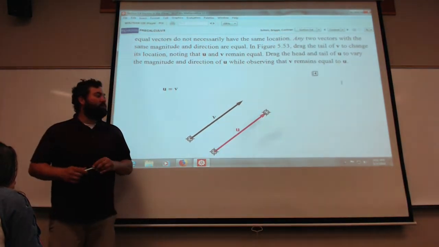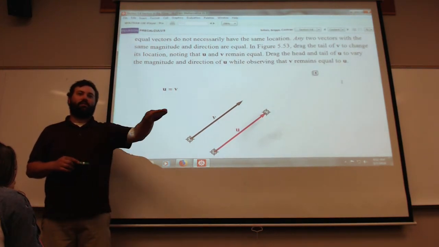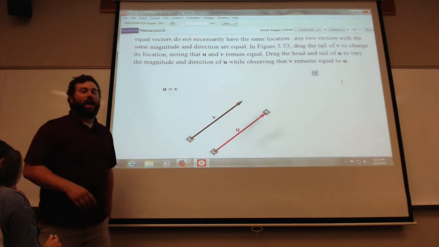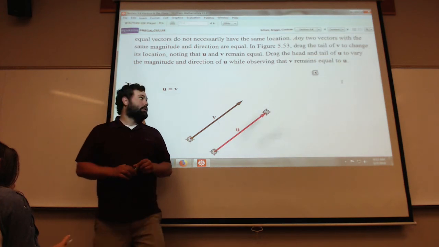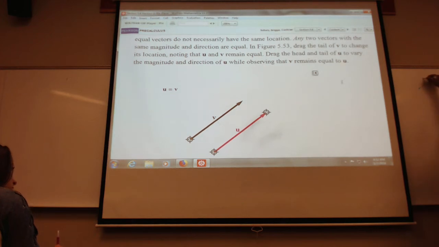Later on we're going to see that a vector's direction can be described by some angle from the positive x-axis. So vectors don't have to be in the same place to be the same vector. This vector v right here is the same as this vector v right there, even though they're in different positions.